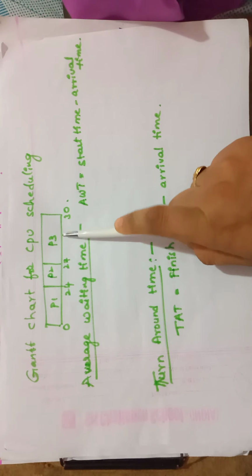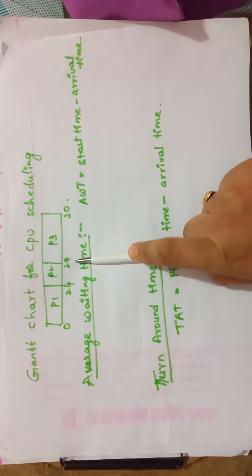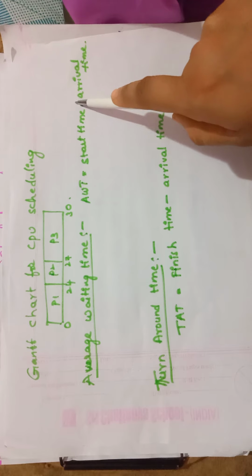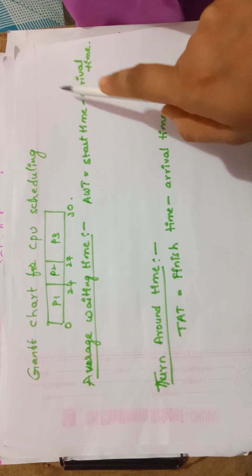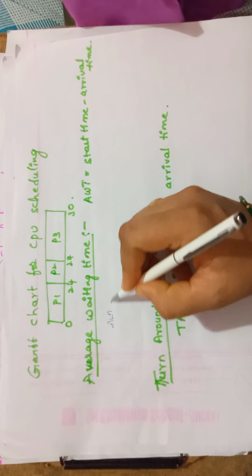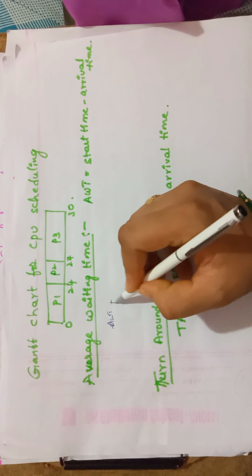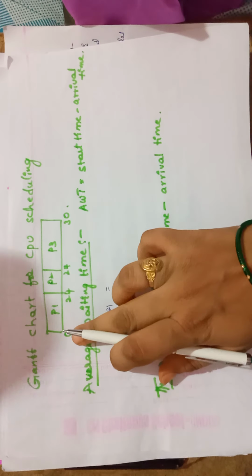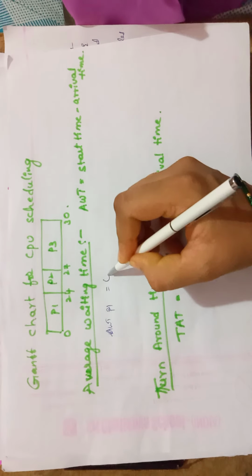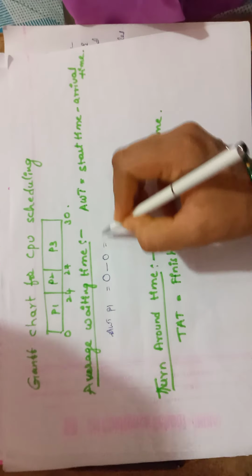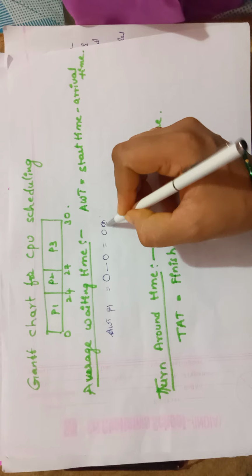Now we need to calculate the average waiting time. The waiting time formula is start time minus arrival time. Waiting time for P1: the start time for P1 is 0, at the 0th second it started, and the arrival is also 0, so 0 seconds.